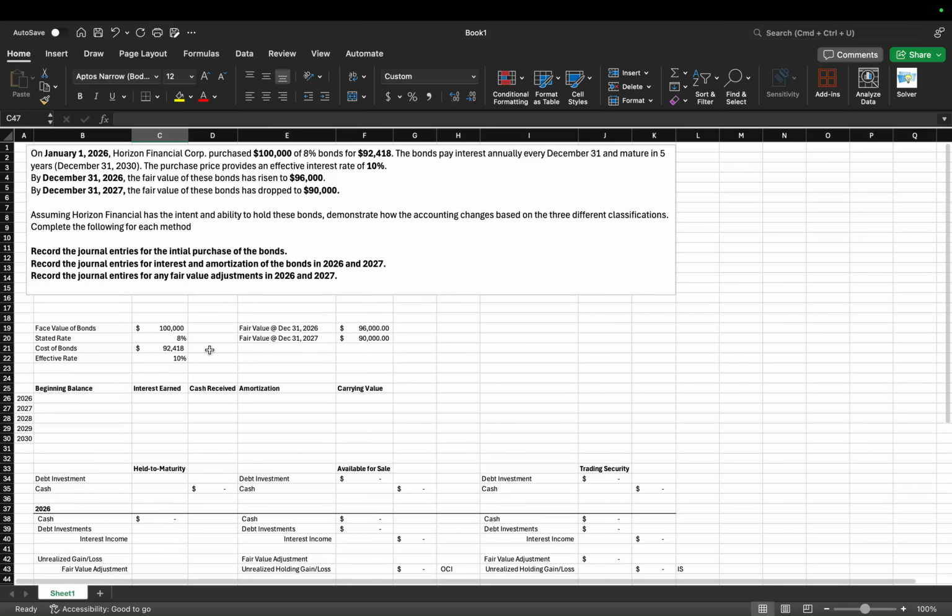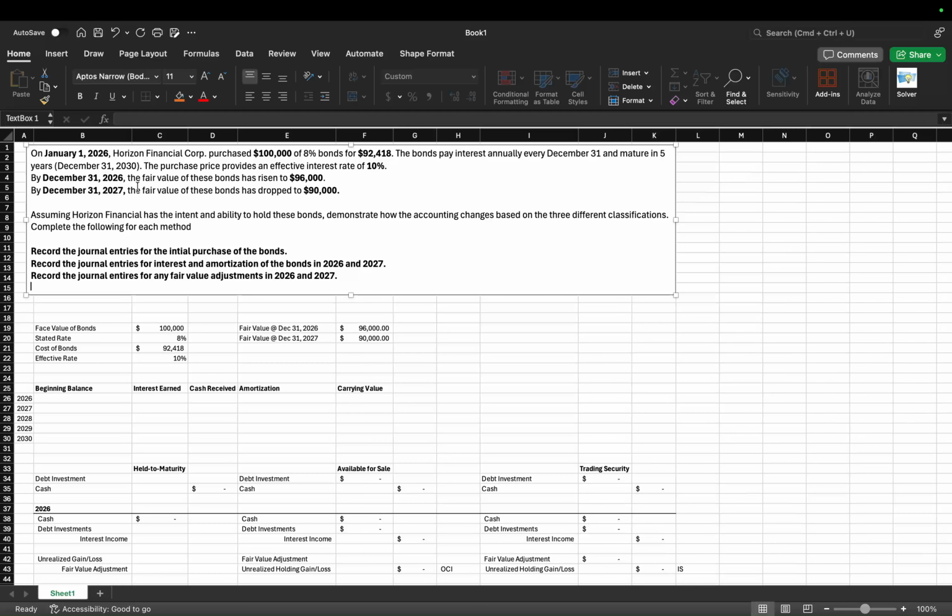All right. I'm going to be doing a debt investment problem. On January 1st of 2026, Horizon buys $100,000 of 8% bonds for $92,418. The bonds pay interest annually every December 31st and mature in 5 years with an effective interest rate of 10%.